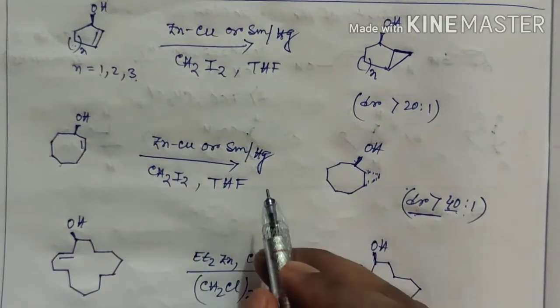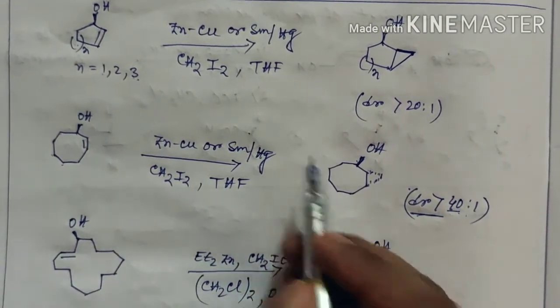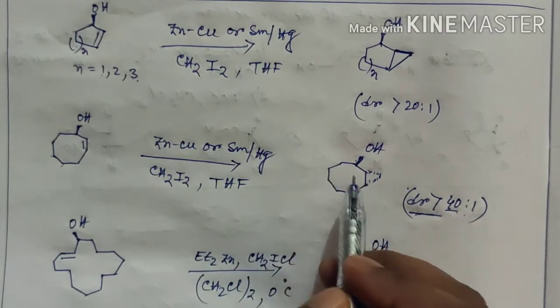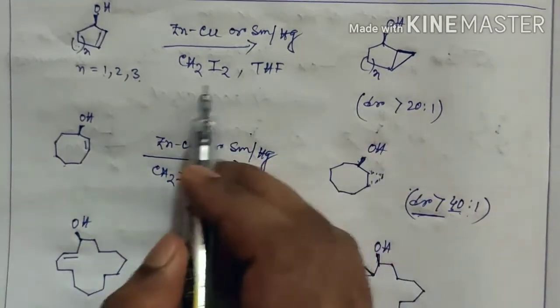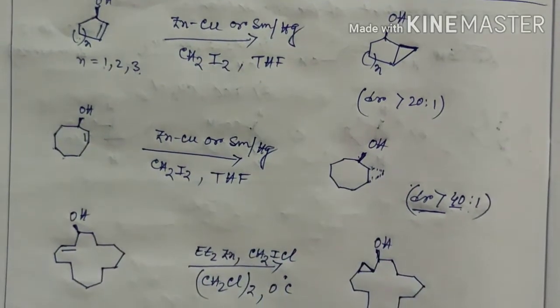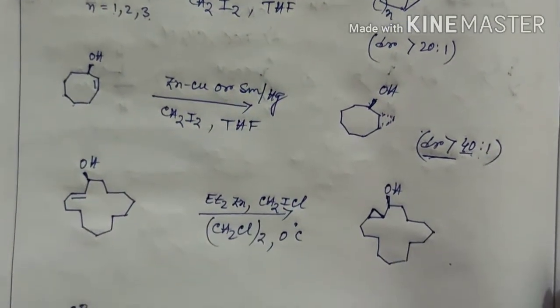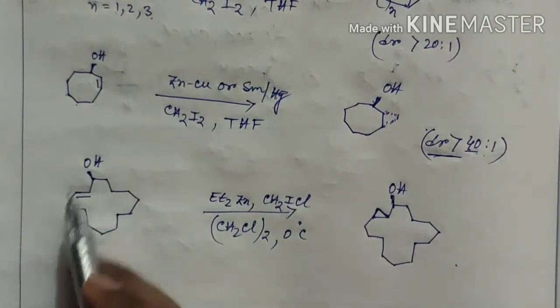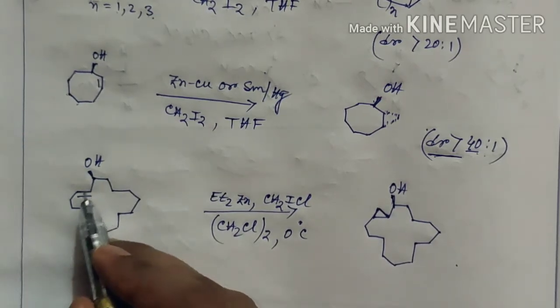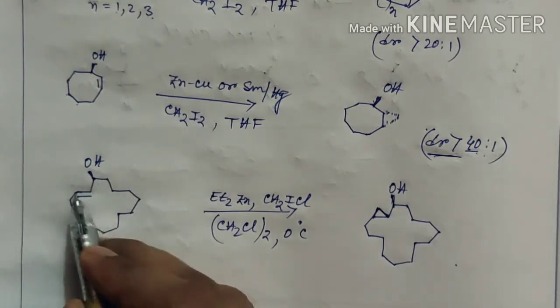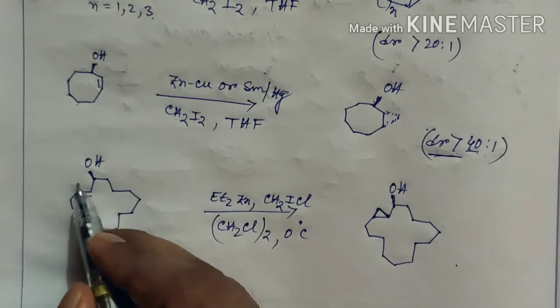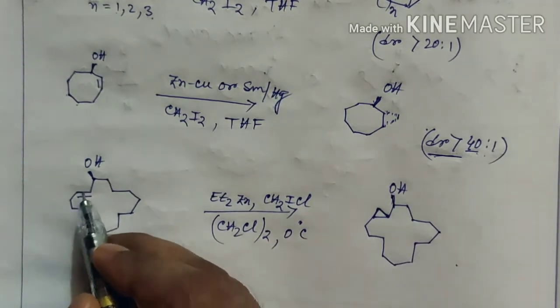So for cyclooctene and cyclononene, the selectivity of cyclopropane ring formation is opposite to this case. Is it okay?